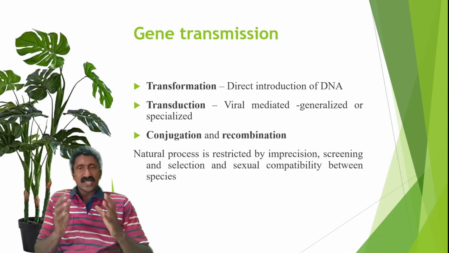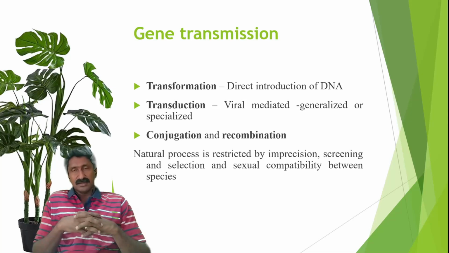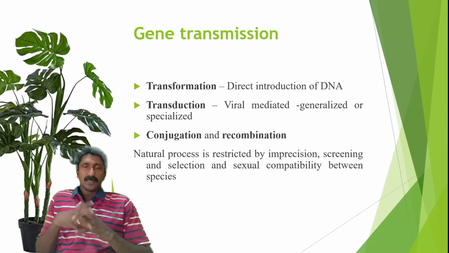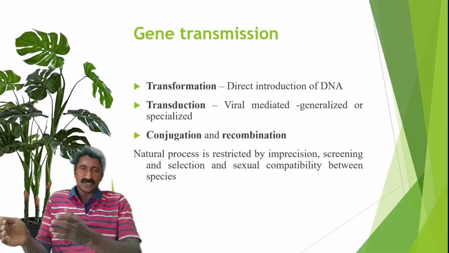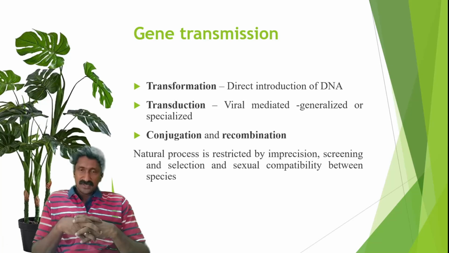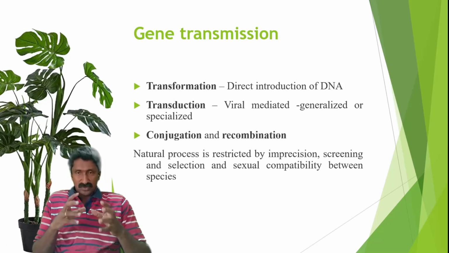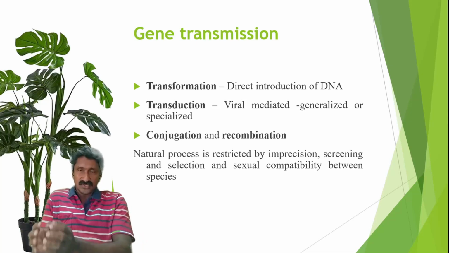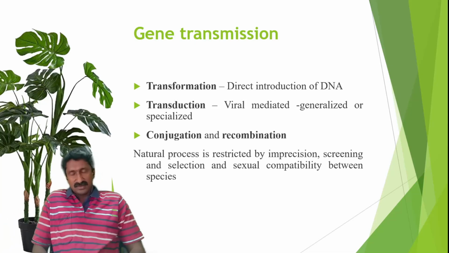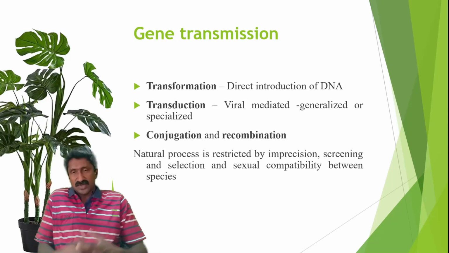Then screening and selection is another problem with such natural processes of gene transmission. For example, you want to isolate a particular product or a particular organism or a gene that is producing a specific product. For example, an organism that produces an antibiotic or a drug against a particular novel bacteria or a virus.